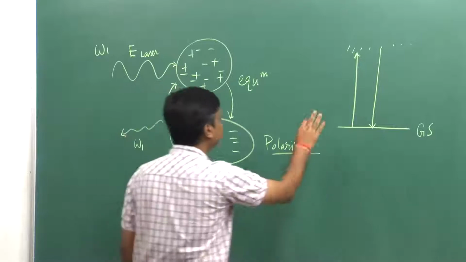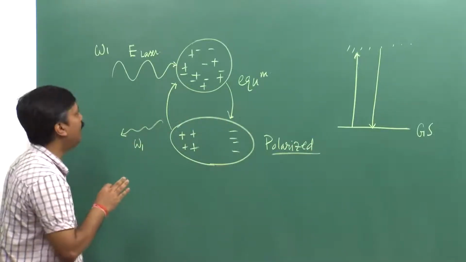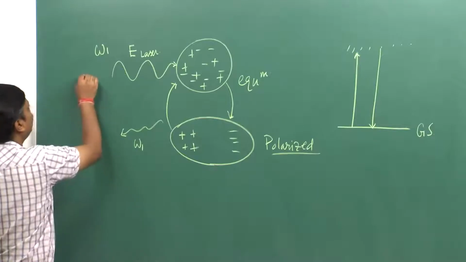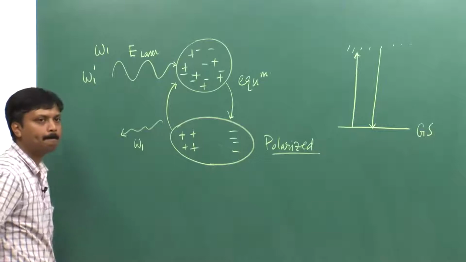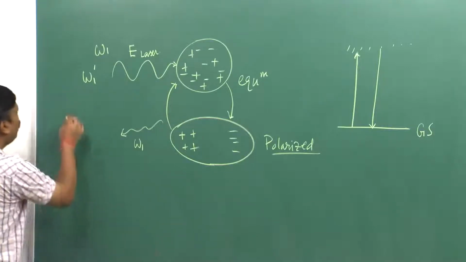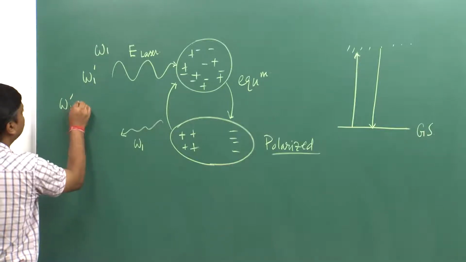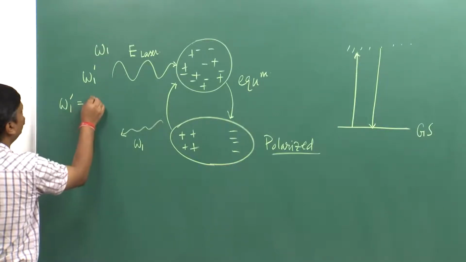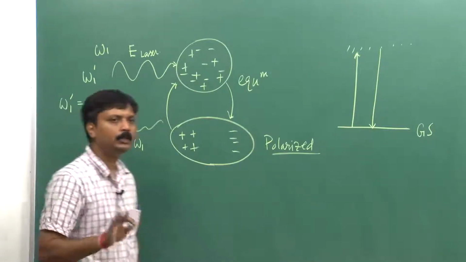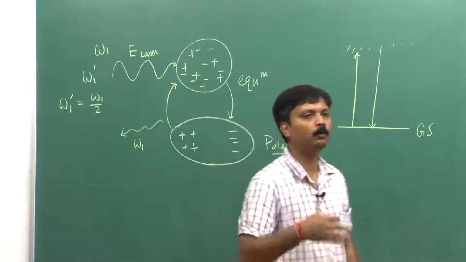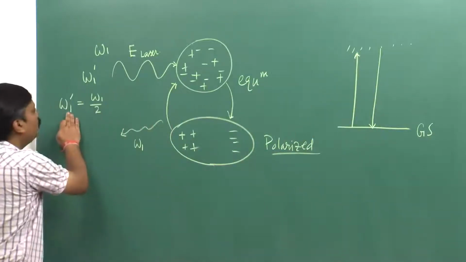This is linear scattering. Now, if my intensity is very high, suppose I come with a frequency omega 1 prime such that omega 1 prime is equal to omega 1 by 2. Just for simplicity, I could take omega 2, omega 3, it does not matter.